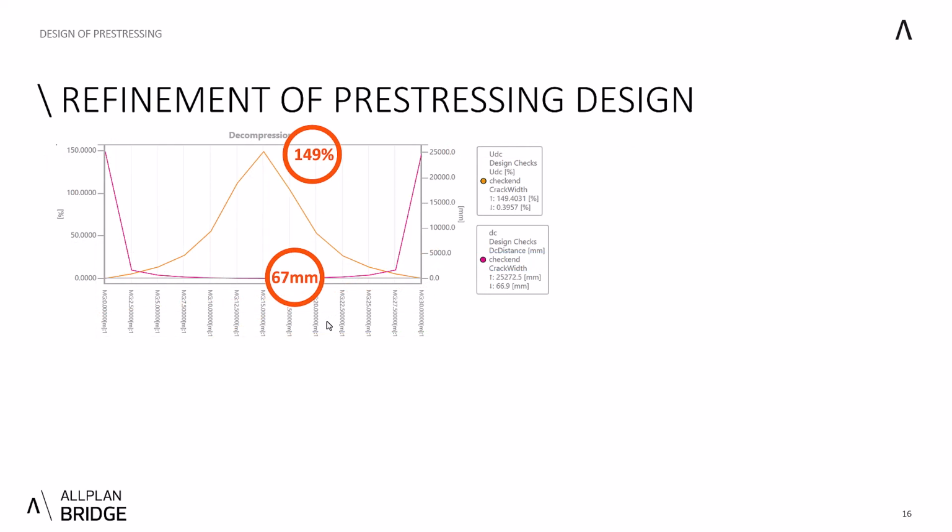Utilization in terms of the decompression seems to be high, but the actual distance between the neutral axis and the closest tendon is 67 millimeters, while the required distance is only 100 millimeters. Thus, a small increase in pre-stressing force may ensure that the requirement is met.